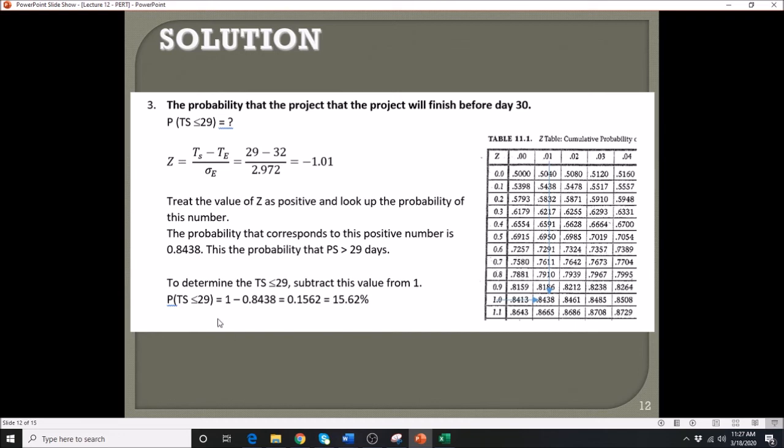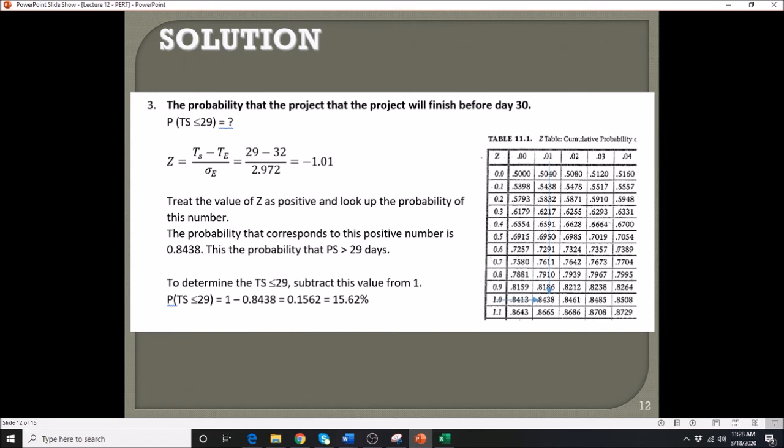So again, we subtract that probability from 1 only if your Z value is negative. We look that up from the table, and whatever that probability, you subtract that from 1. So in this case, the probability that you will be able to finish before day 30 is equal to 15.62. Hopefully that is clear to you.